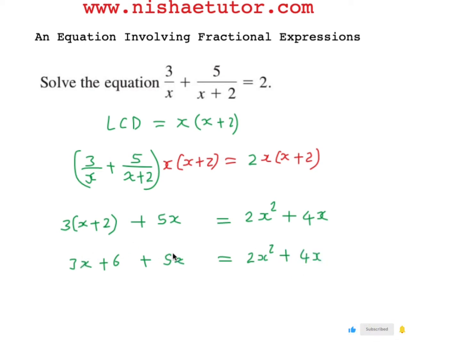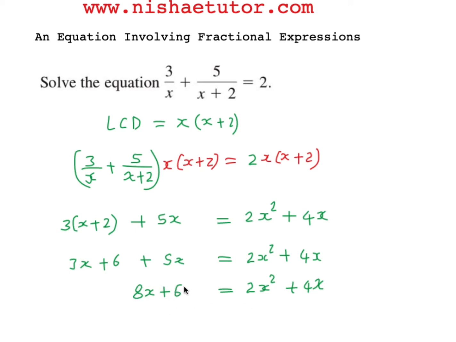Now combine like terms. 3x and 5x are like terms, so we can combine them, which is 8x plus 6 equal to 2x square plus 4x. The highest power of x in this equation is 2. It means it is a quadratic equation, and for this we have to make it in general form.